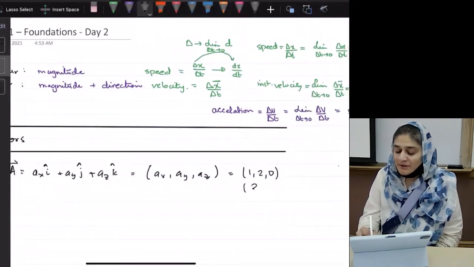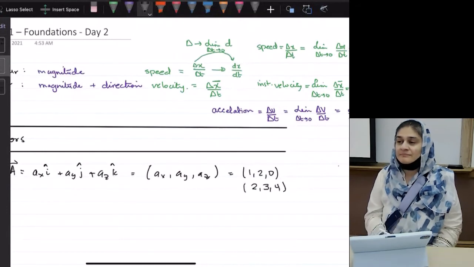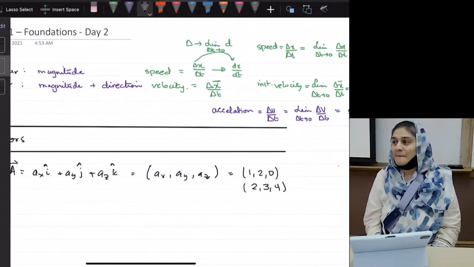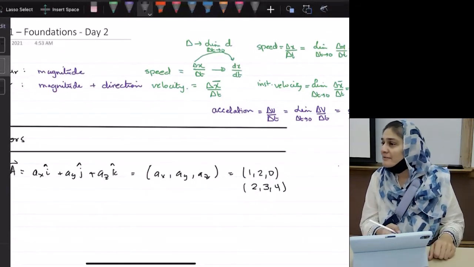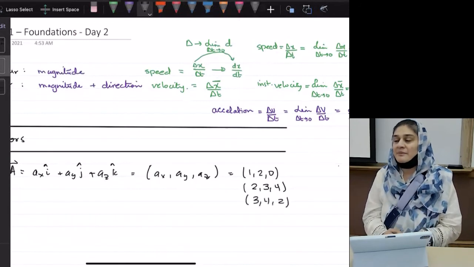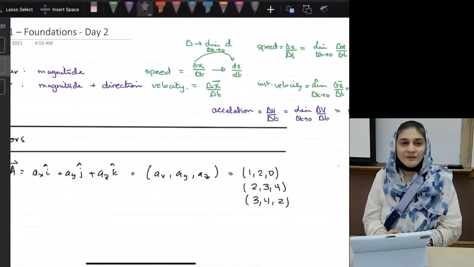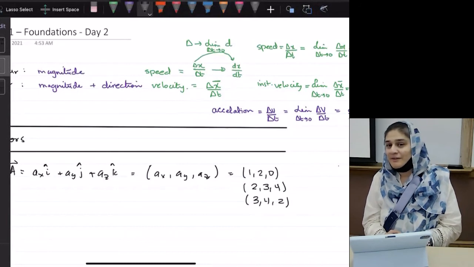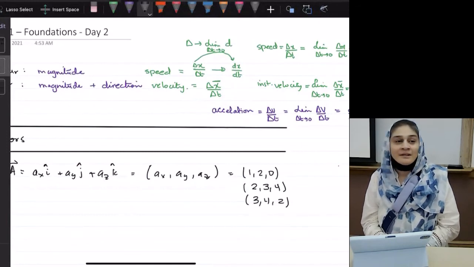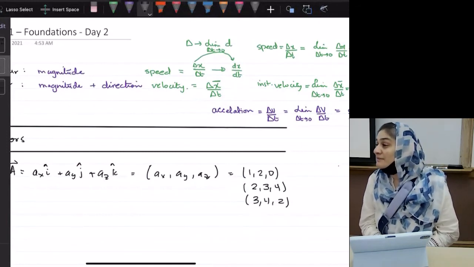Where would 2, 3, 4 be? Do we all have it? Now I want you to do one more thing. Draw 3, 4, 2, keeping in mind where the other one was. Are we talking to each other? Are we all agreeing? Good. This is how vectors work.